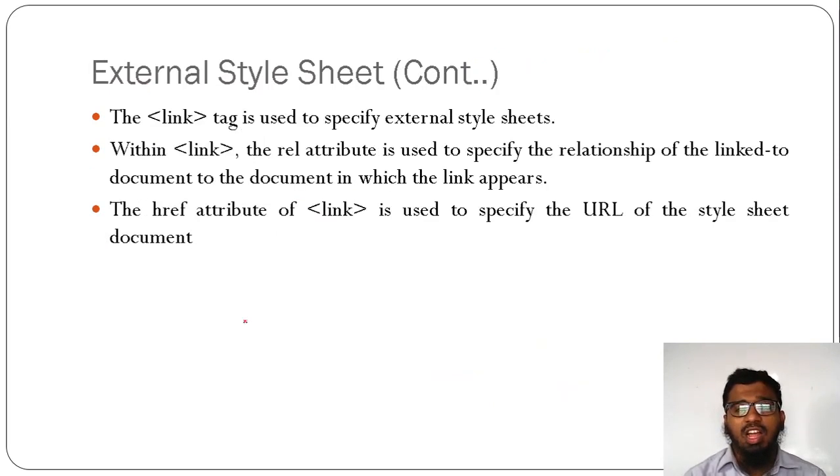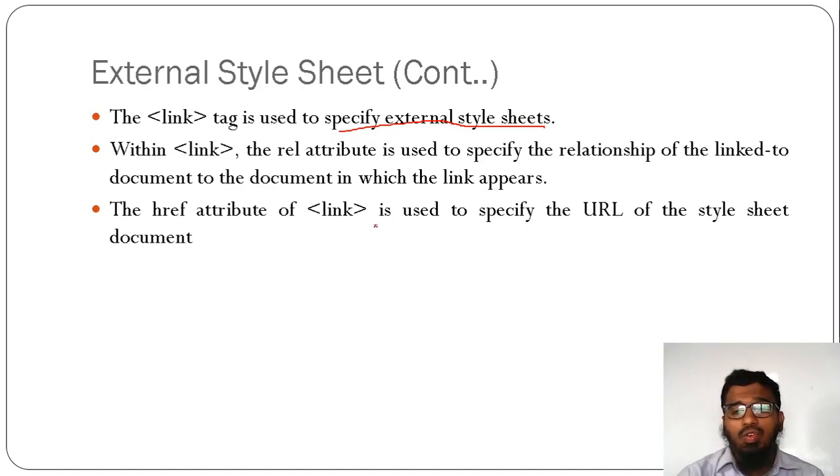Okay, what is an external style sheet? Once again I will tell you this. In the external style sheet, the link tag is used to specify the external style sheet. Next, within link, the relation attribute is used to specify the relationship of the link to the document in which the link appears.